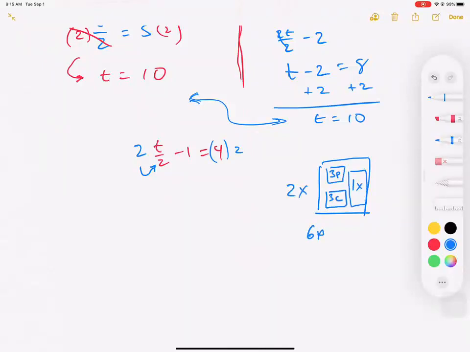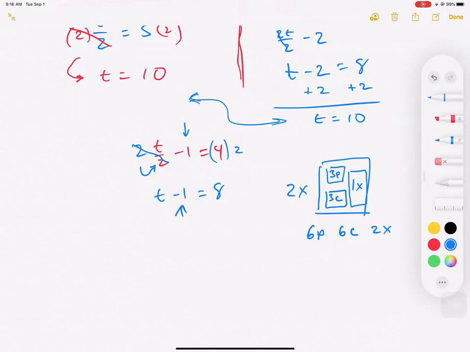We should have 6 pieces of cheese. And we should have 2 juice boxes. But what we do here, if I multiply both sides by 2, you might forget to multiply the backside by 2. So if you just wrote t divided by t cancels out and we're left with t minus 1 is equal to 8, you've messed up because you didn't multiply everyone by 2.